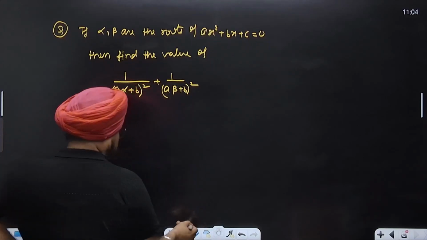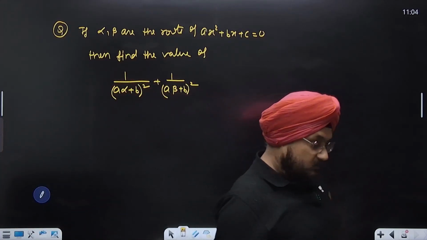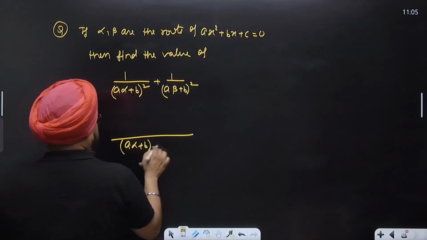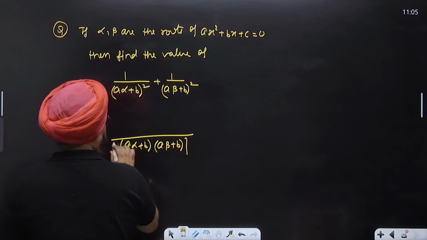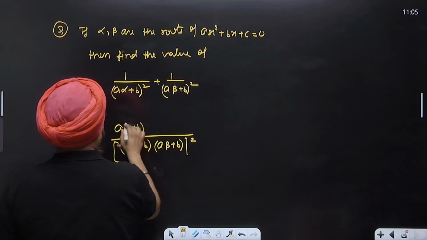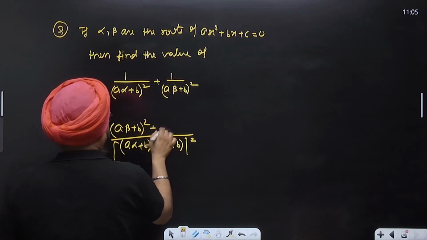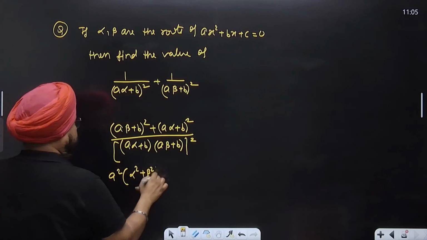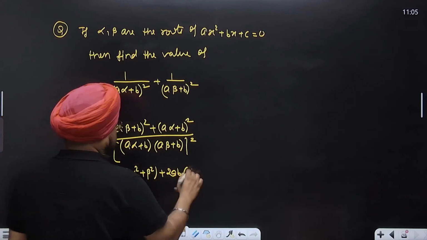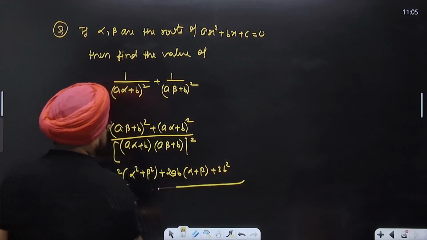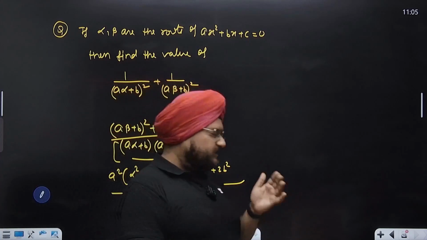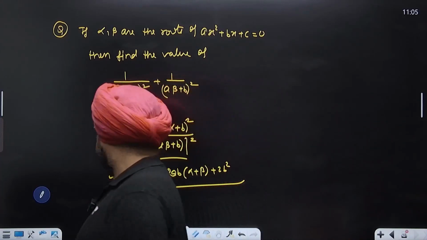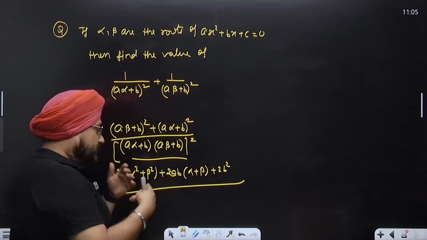Using the relation between roots and coefficients, one way to deal with this problem is we take LCM, simplify this, and convert all the expressions in terms of sum of roots and product of roots, that is alpha plus beta and alpha beta. Then put alpha plus beta as minus b by a, and alpha beta as c by a.